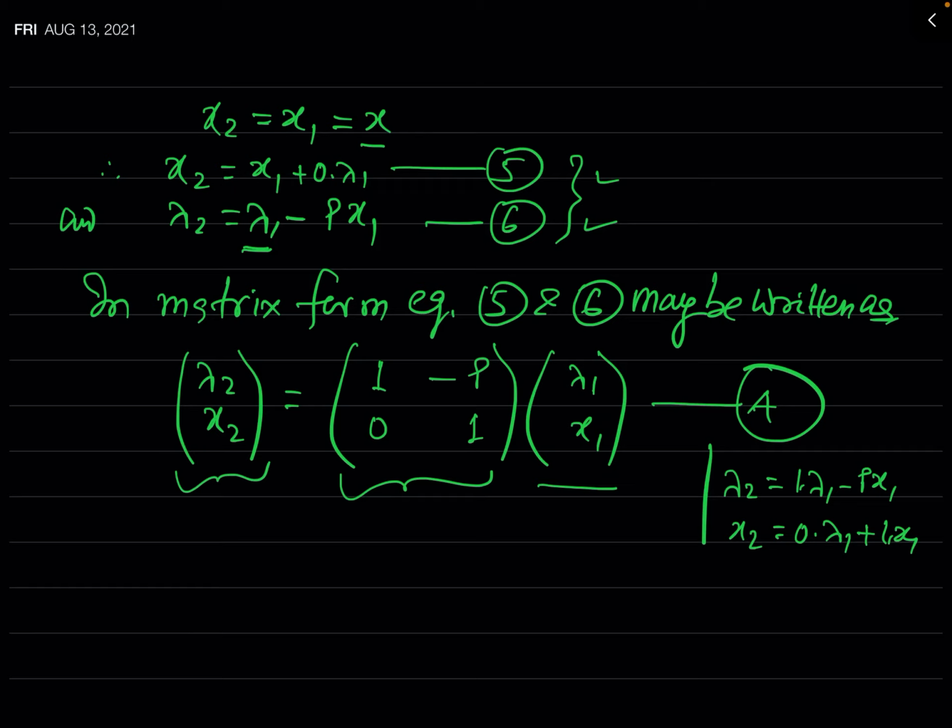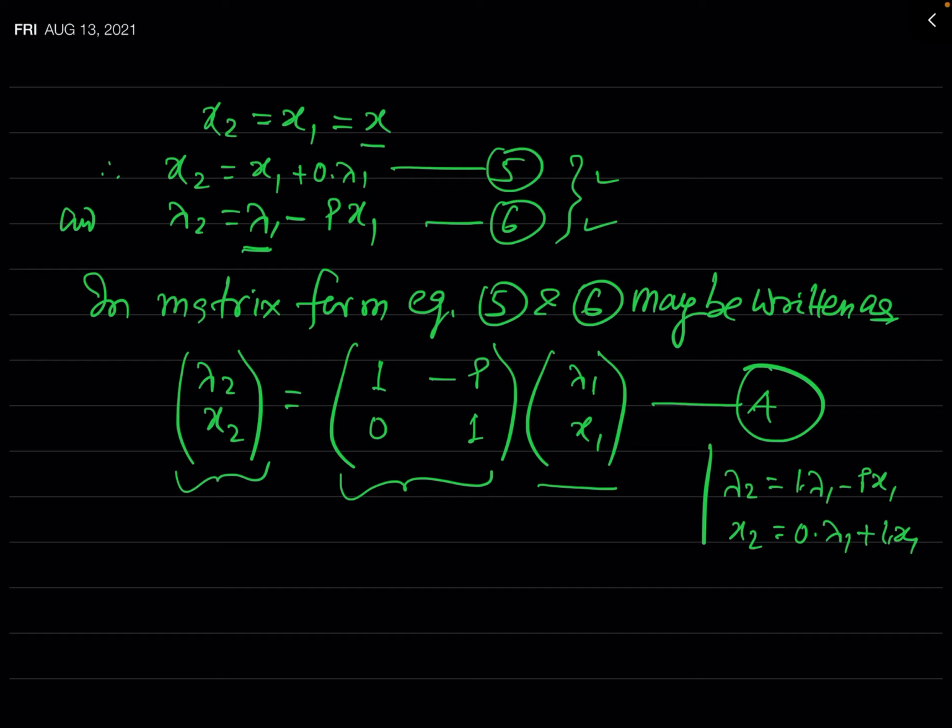So when this 2 by 2 matrix is operated on this incident ray, the resulting ray is a refracted ray, and that's why this 2 by 2 matrix is known as the refraction matrix.